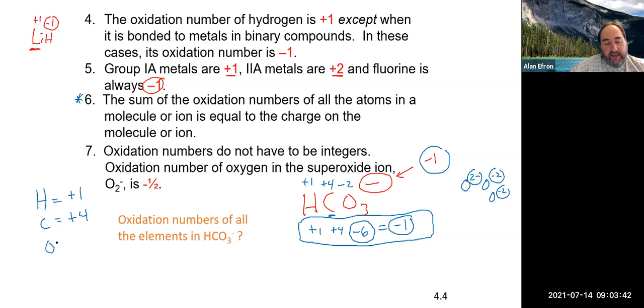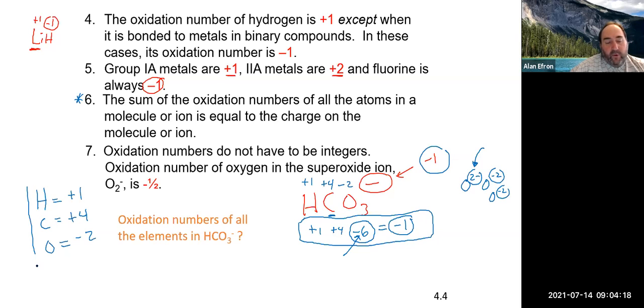And oxygen here, 2 things. First off, when you're asked what is the oxidation number for an element, it is not asking you for the grand total like we did here. It is asking you for the oxidation state on one of those elements. So the correct answer here for oxygen would be -2, not -6. That's a very common mistake people make: they put the grand total there for the oxidation state. In this case, you put -6, and that would be incorrect.